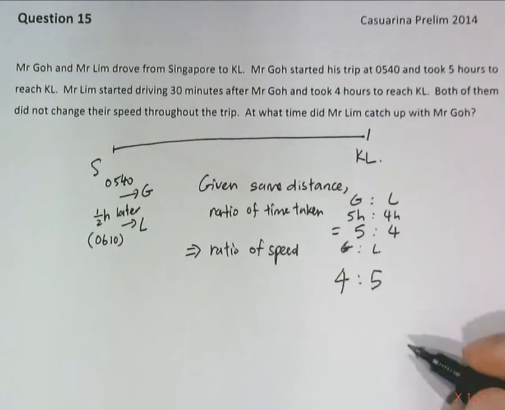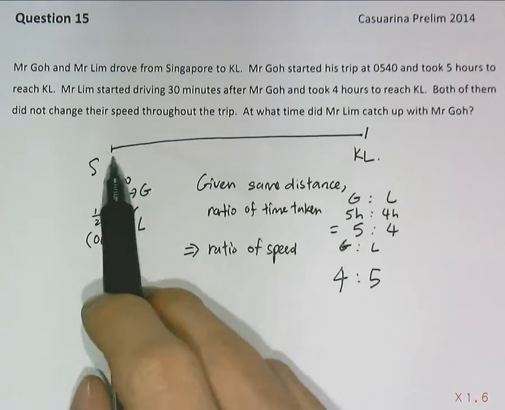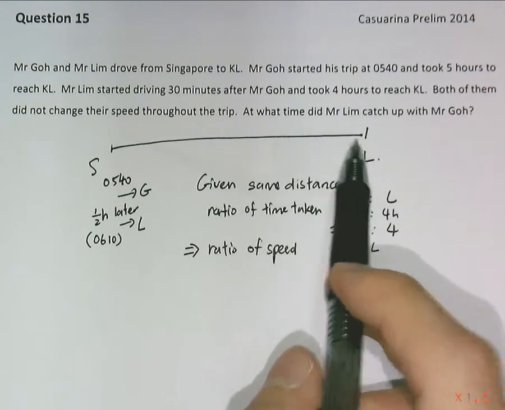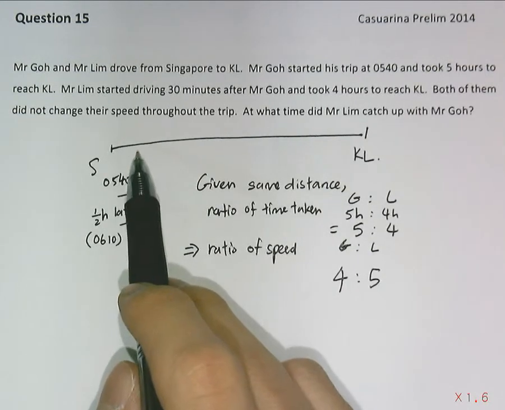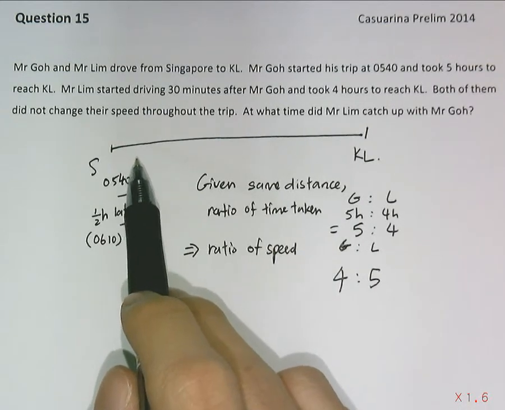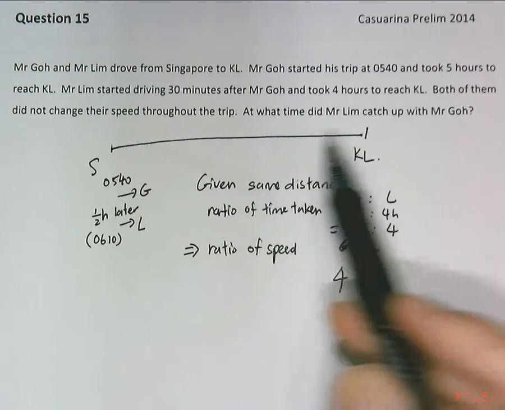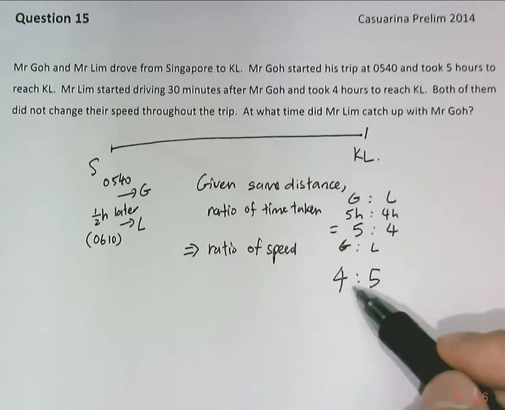So the ratio of speed will be 4:5. Now this is because, for example, for the same distance, if someone is twice as fast as the other person, the time taken will be half of the other person. So the ratio is just a reverse.